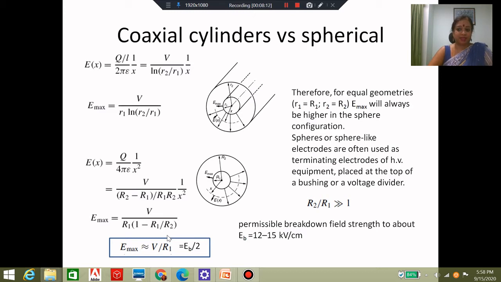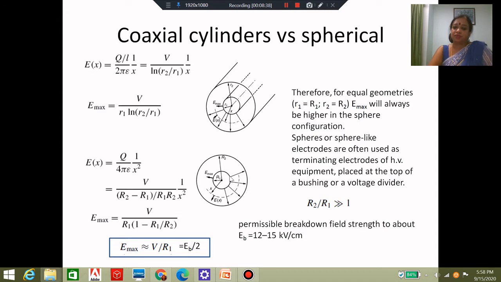How do I decide what is an acceptable stress at the surface of the inner conductor? It should be lower than the breakdown value of air, because otherwise breakdown will happen, and once breakdown happens, at one point things can go awry. So what we would like is that the maximum electric stress at the surface of the inner sphere should be lower than the breakdown strength of air, if we are talking about air.